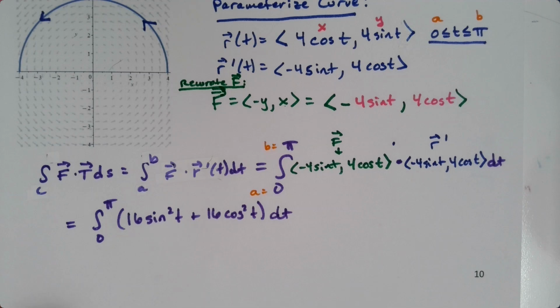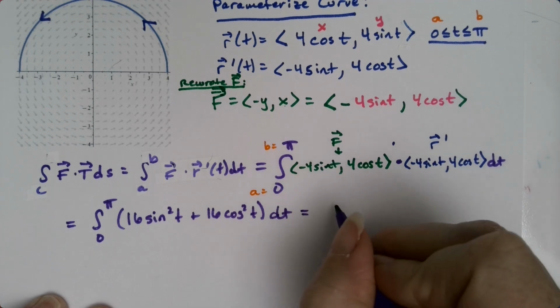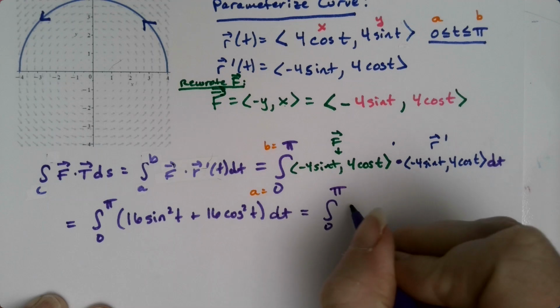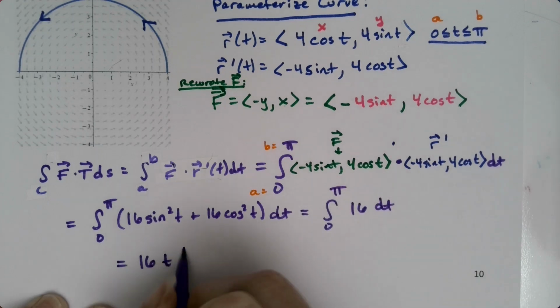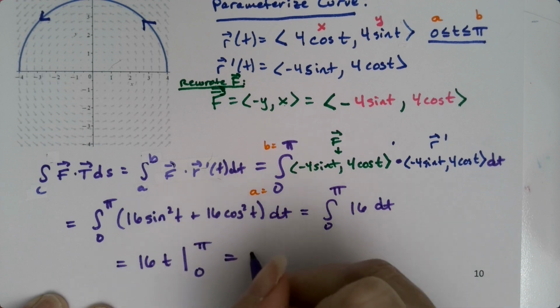But sine squared plus cosine squared of the same angle is 1, right? That's the Pythagorean identity. So this is the integral from 0 to pi of 16, which of course would be 16t from 0 to pi, which is going to become 16 pi.